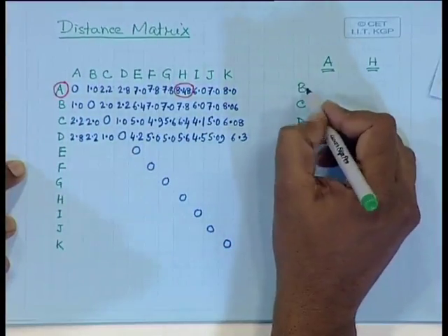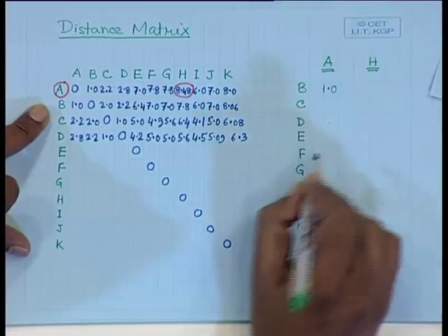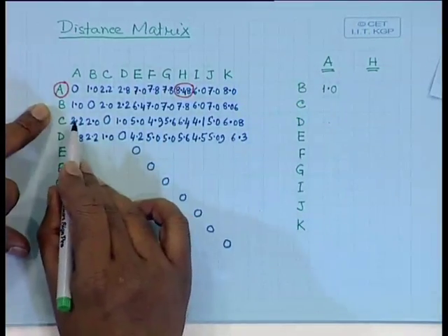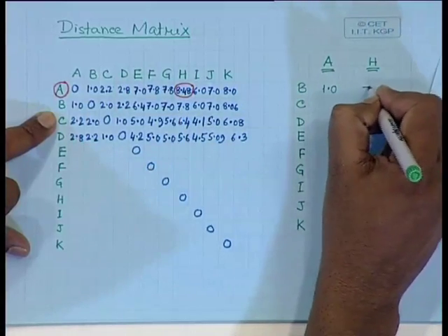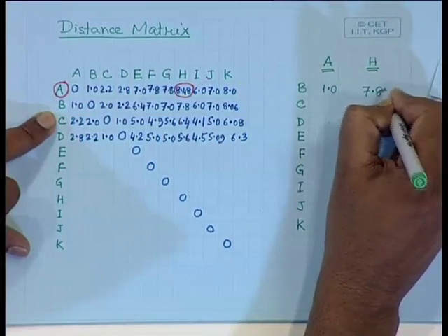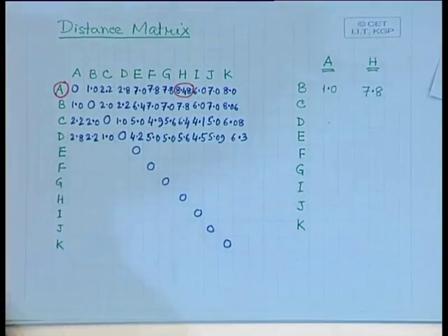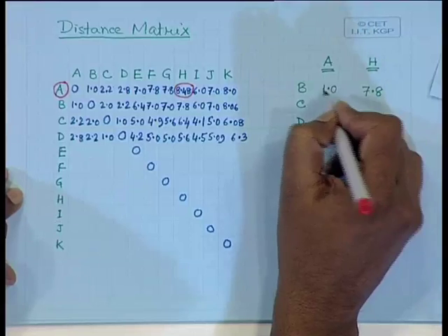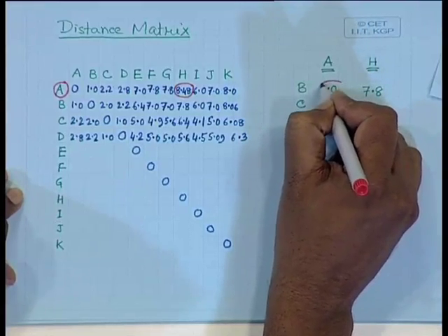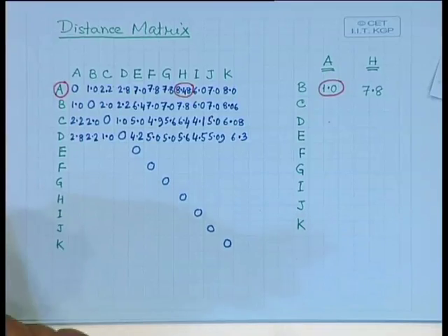Once I have this complete matrix, I will get this distance from this matrix itself. Okay. So, the distance between A and B is 1.0, and the distance between B and H again I will get from this matrix, which is 7.8. Okay. And as I said, I have to take the minimum of these two, and the minimum is nothing but this one. Okay.